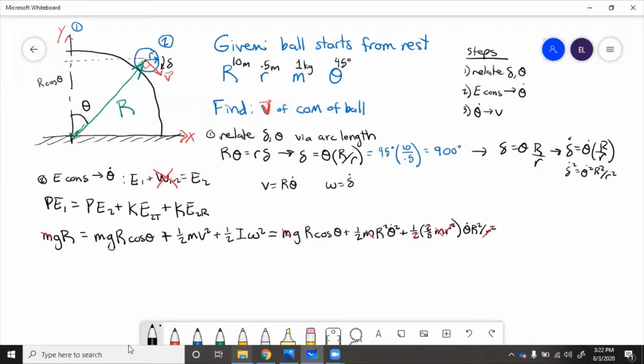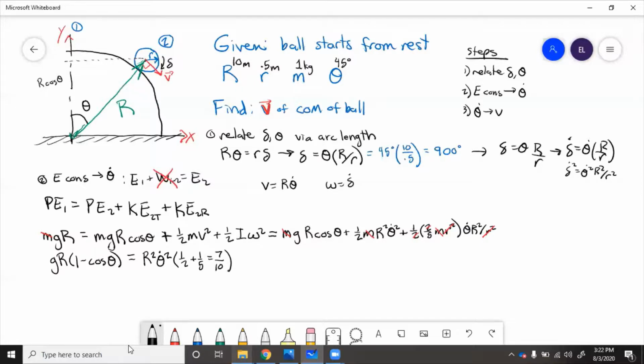So rewriting this, we get g R times 1 minus cos theta, putting both the potentials on one side and then the kinetics on the other side, we have R squared theta dot squared times 1/2 plus 1/5, which equals 7/10.